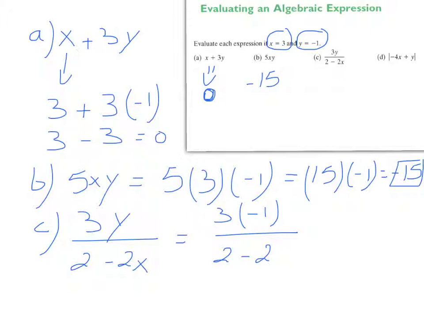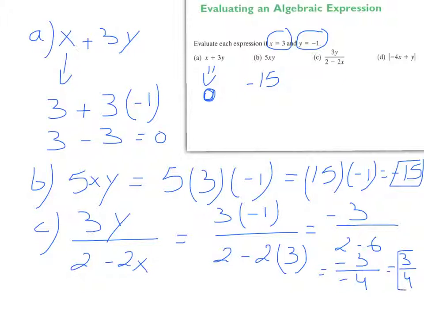So we have -3 over 2 minus 6. We got 2 minus 6, and here we have -3 over -4. Now, negative over negative will be positive, and here we have 3 over 4, right? I will discuss the multiplication and division of the signs after this problem.